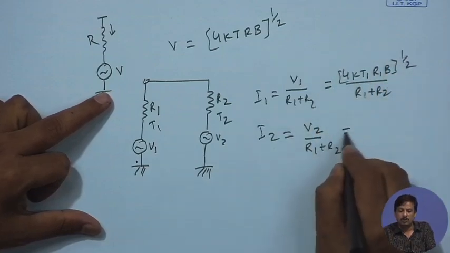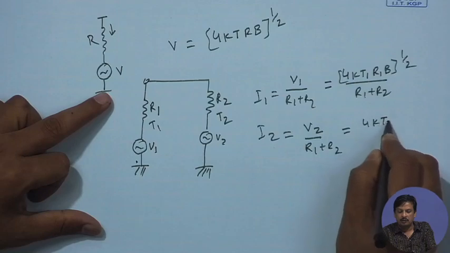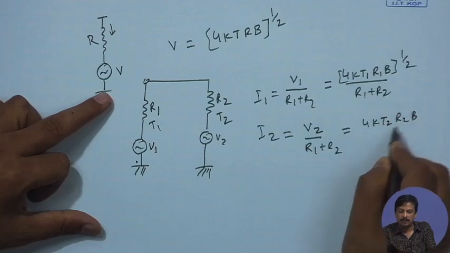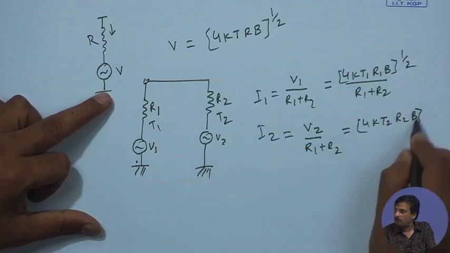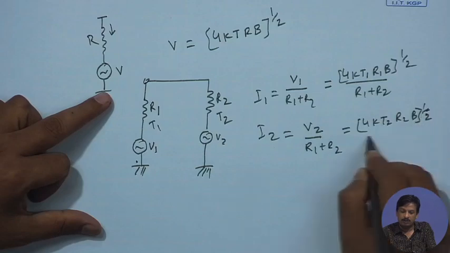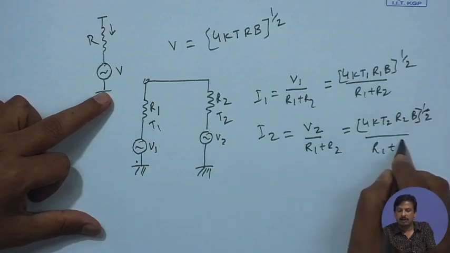What is V2? Root over of 4k T2 R2 B, same bandwidth, divided by R1 plus R2.